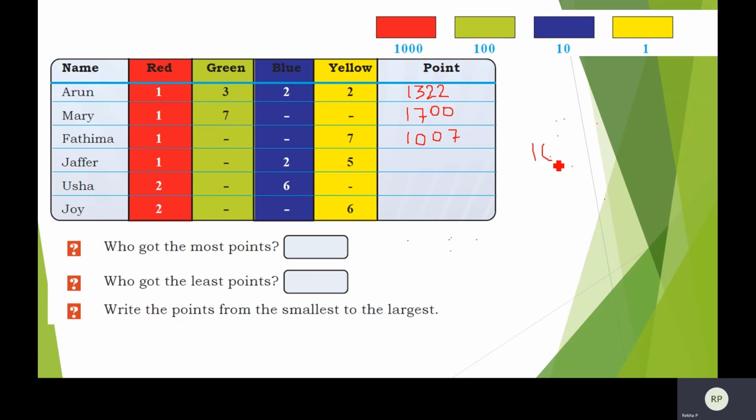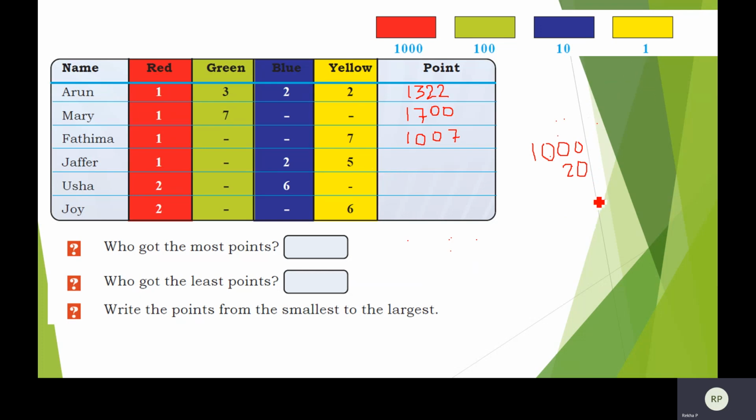You know one red card is 1000 points. And then 2 blue cards. Blue is 10 points, so 2 into 10. Now you directly know how to do it. It is 20. So 20 is 2 at the tens place and 0 at the ones place. You have to write this here, and then 5 yellow cards.